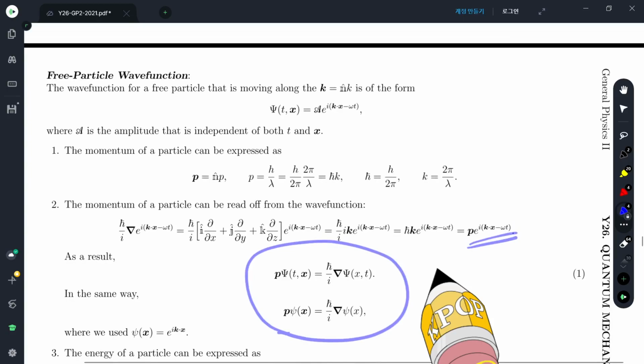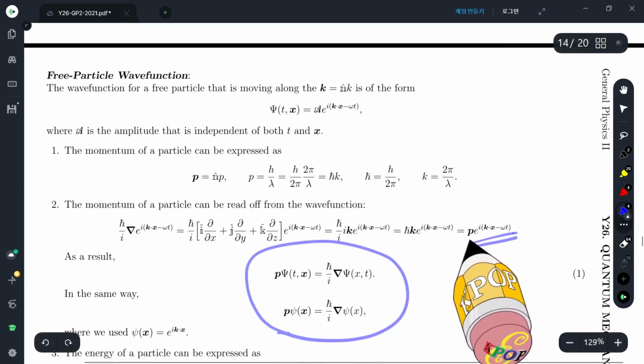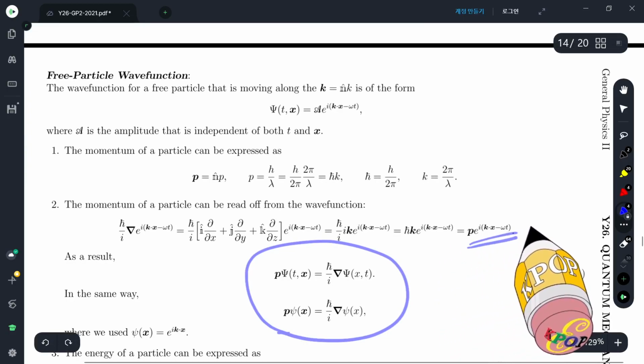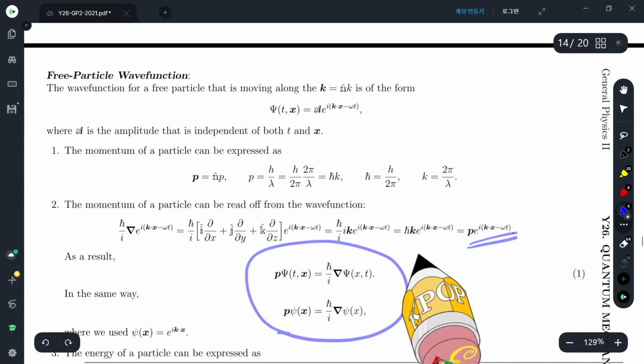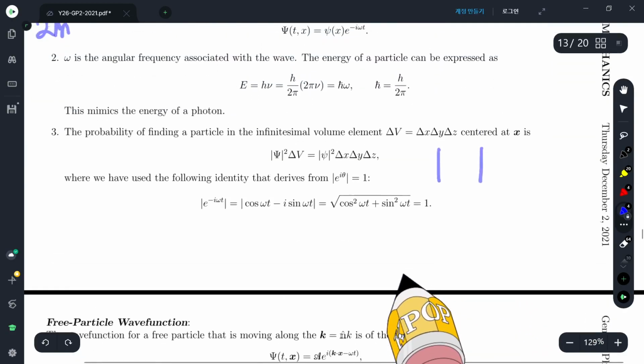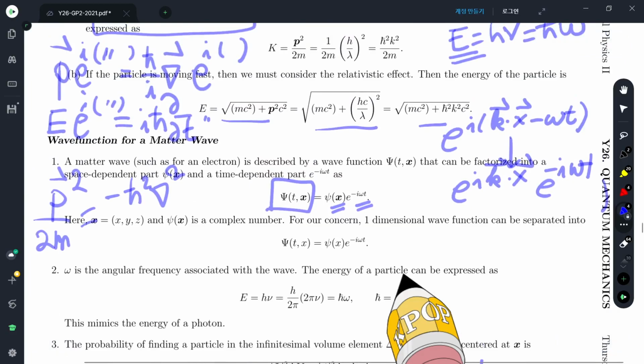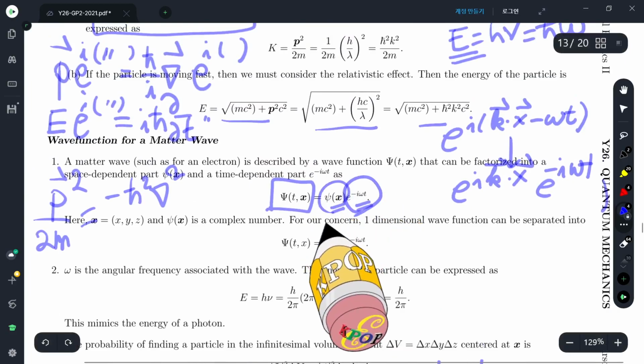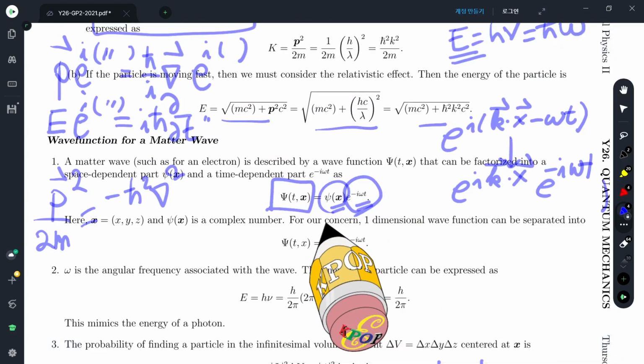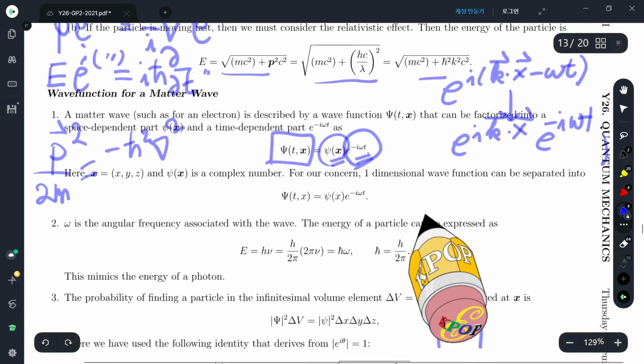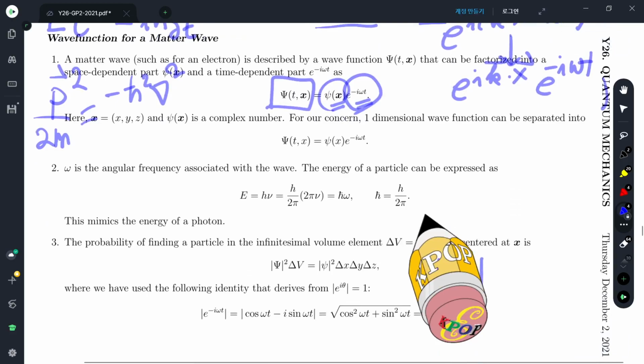And if you assume the spatial part and time part are completely factorized, this is called separation of variables, as we learn in partial differential equations.